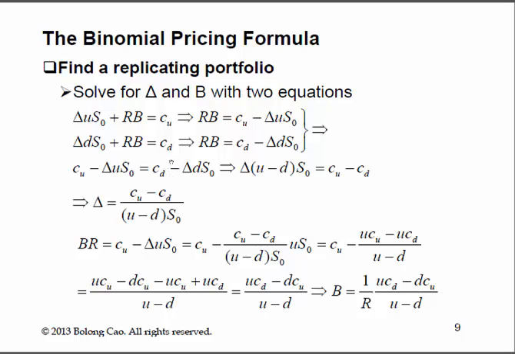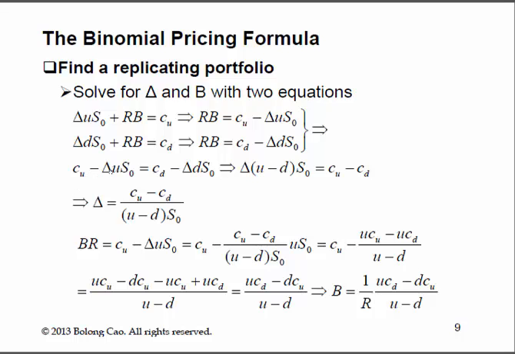The following is just math. I'm solving for the expression of the borrowing amount and the delta. We have RB in both equations, so both equations give us an expression for RB. And we put that together.